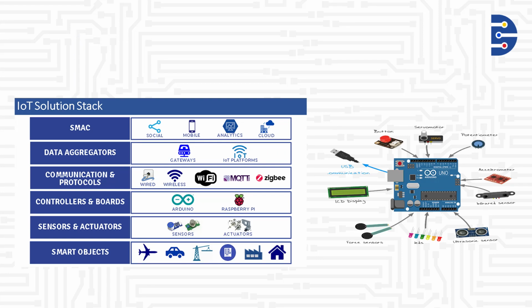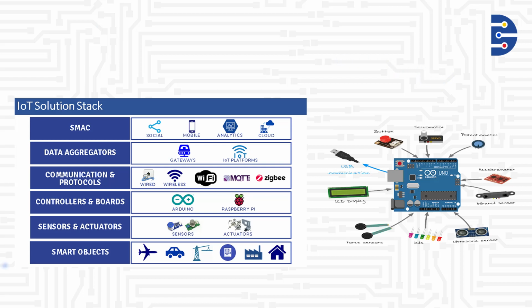So whether it is the accelerometer or the infrared sensor or the ultrasonic sensor, LEDs, force sensors, LCD displays, USB ports, relay buttons, servo motors, potentiometers, different sensors, actuators, hardware can be extended to the Arduino board, as a result of which Arduino has become the first choice of microcontroller for people working in Internet of Things.